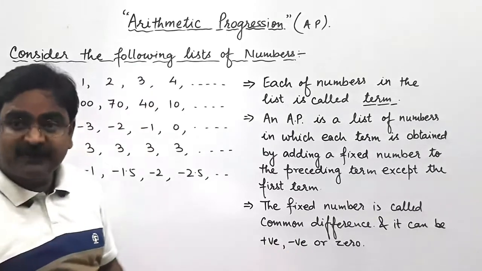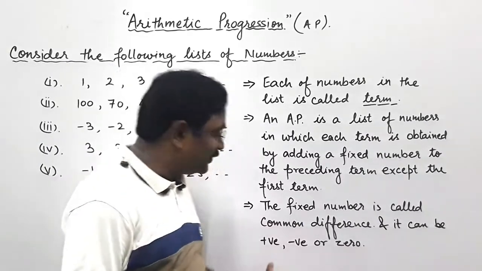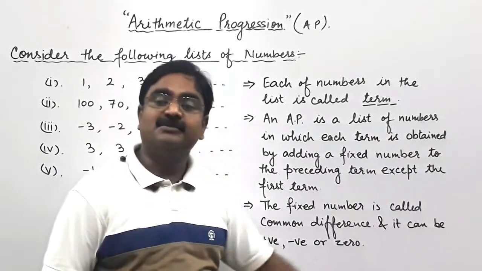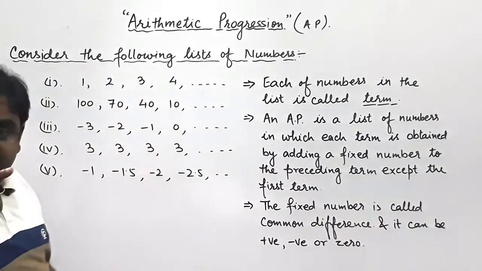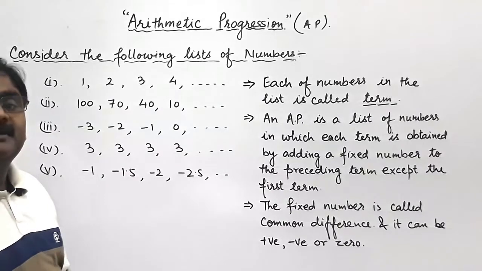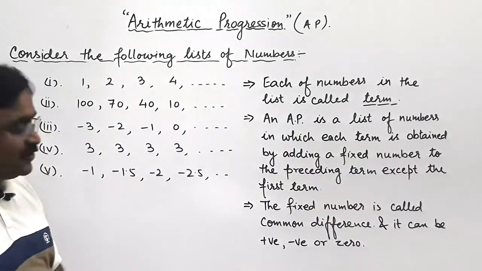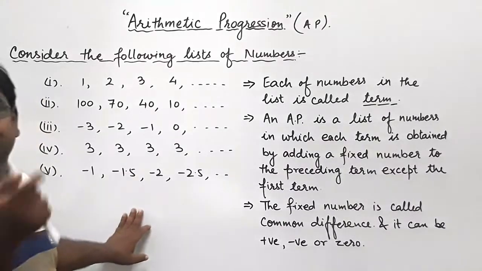And this common difference can be positive, negative or zero. It can be positive, meaning plus common difference in the series, it can also be minus common difference, and it can be zero also.